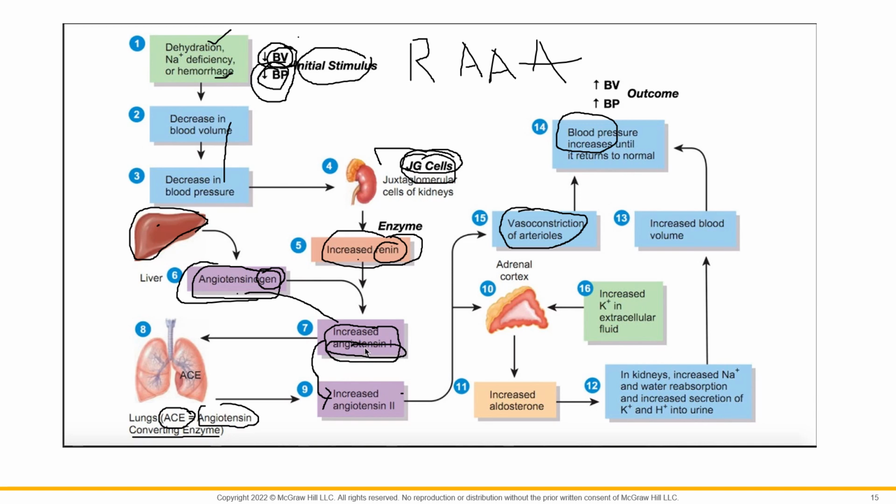Concurrently, here's what's also happening. That adrenal gland that sits atop each kidney is secreting a hormone called aldosterone. So aldosterone is doing this.